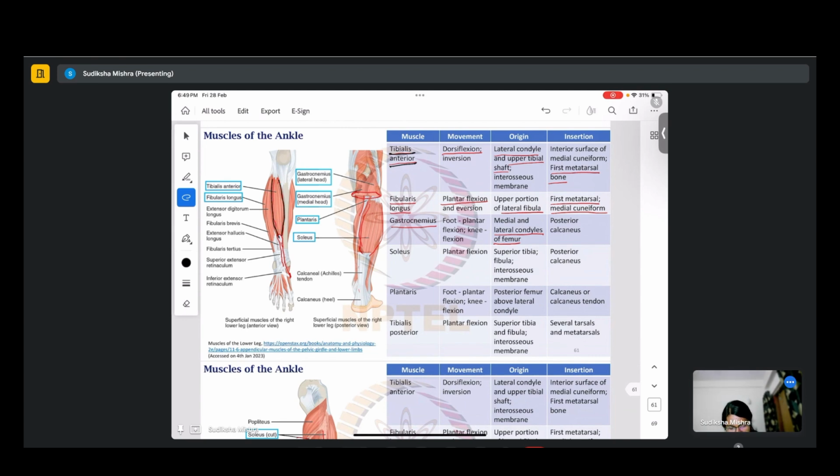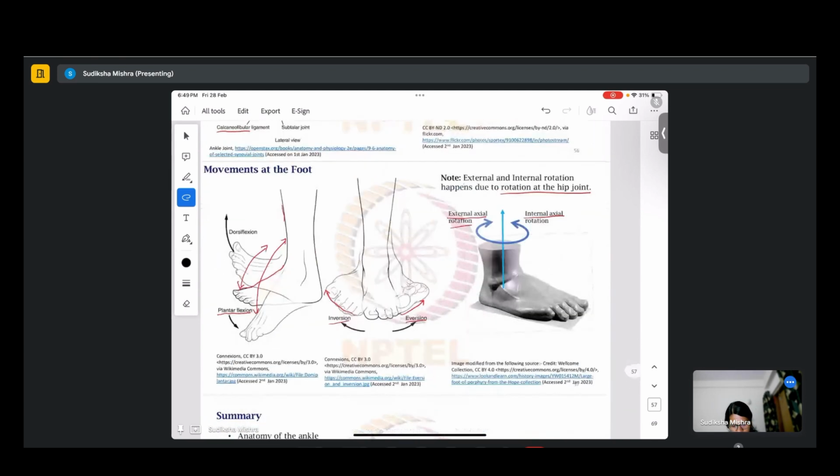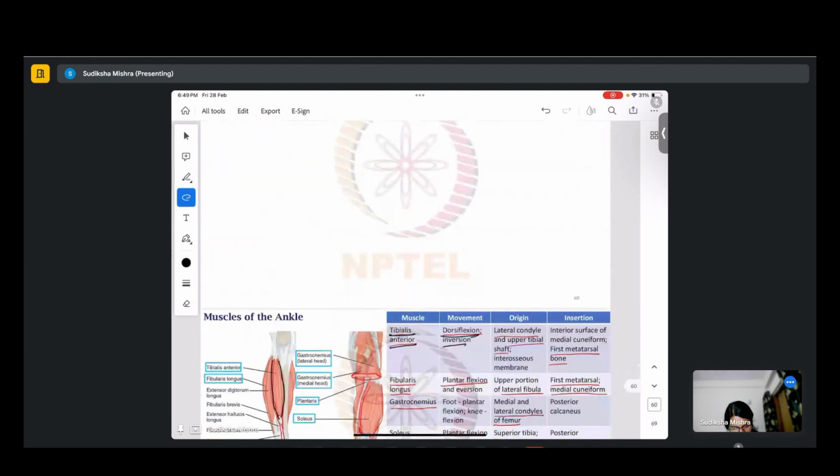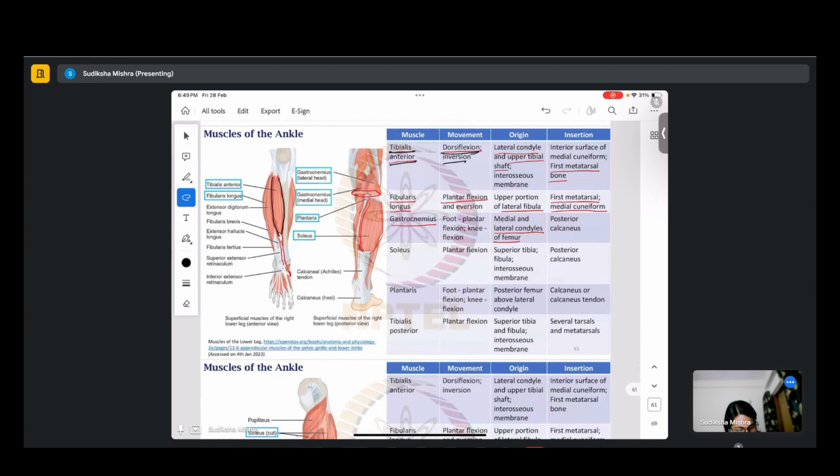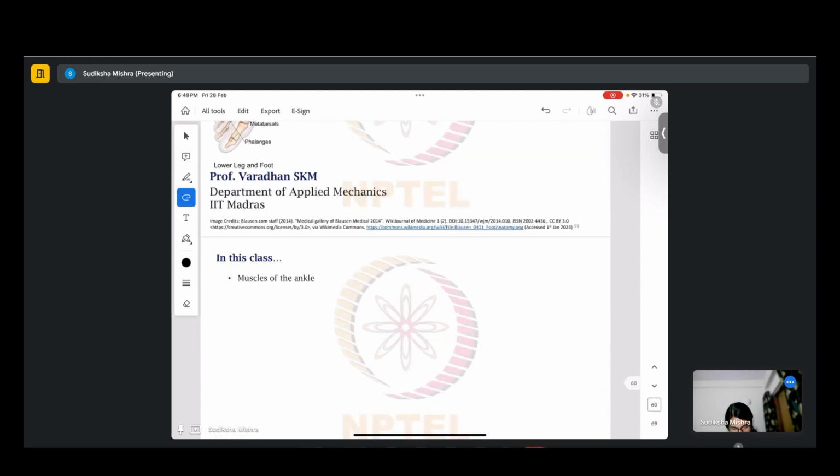This is responsible for dorsiflexion and inversion. It originates at the lateral condyle and upper tibial shaft, so in the tibia, and the interosseous membrane. It inserts into the inferior surface of the medial cuneiform in the ankle, and the first metatarsal bone. So basically it inserts here.